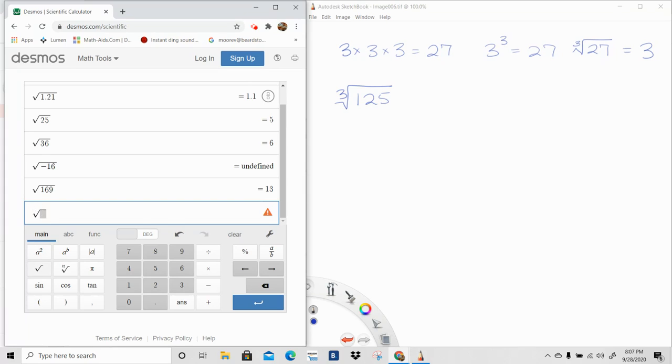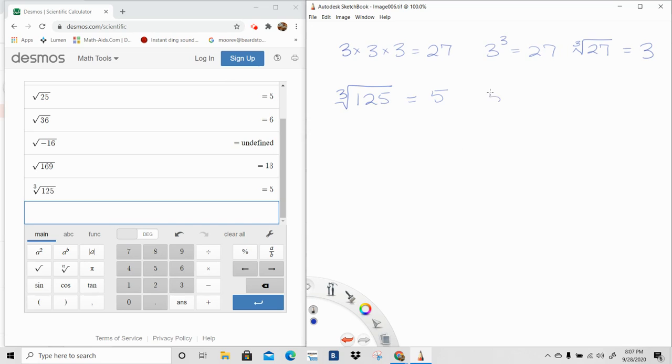That's where we're going to put in our 3. So punch 3, and then click on the gray box so you can enter the number that's underneath the cube root sign. Our number is 125. We hit enter, and that is 5. So we find out using our calculator that the cube root of 125 is 5.